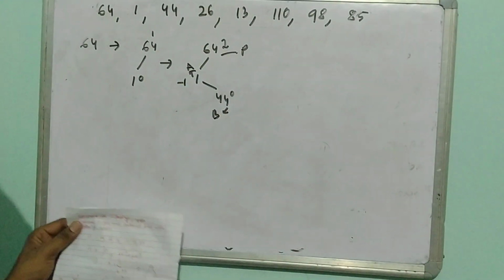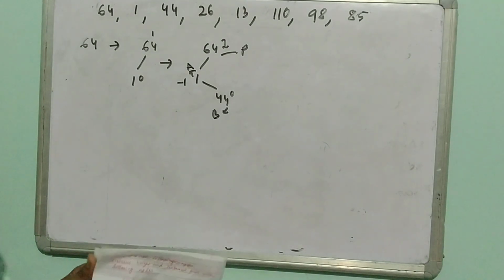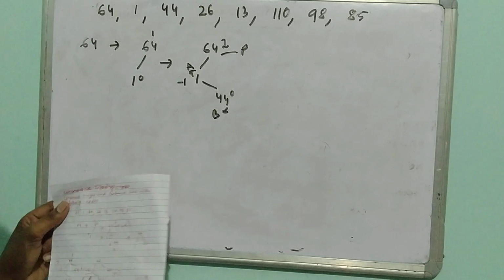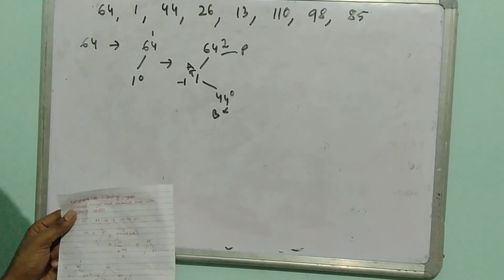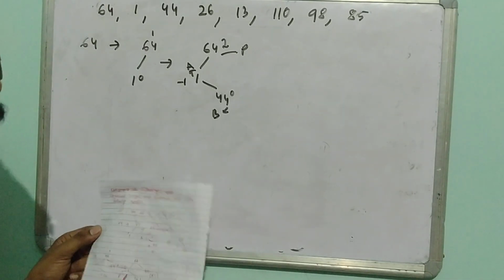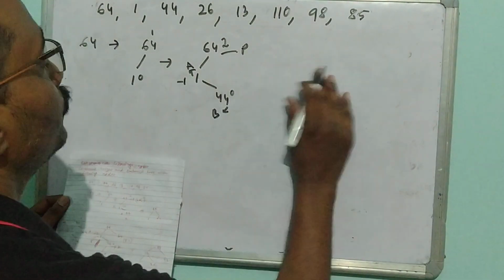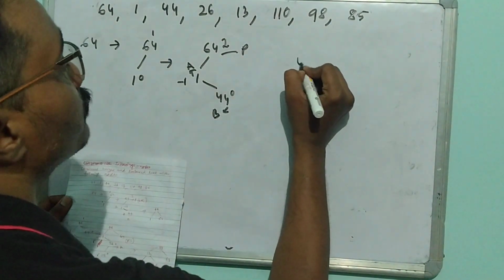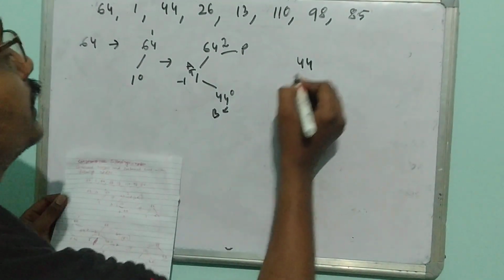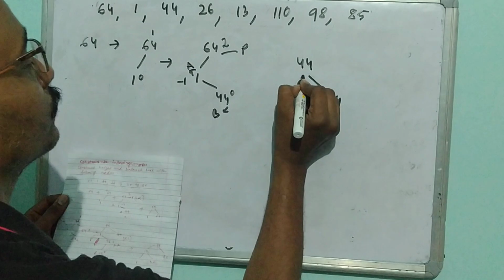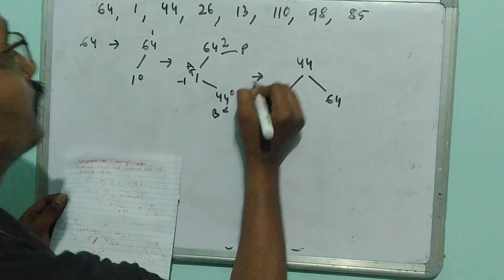Now we have to make a certain rotation. We know this is a left to right rotation. So B RC is equal to P, the first equation we get. So what is my B? My B is 44. The right child of 44 is nothing but P, 64, and this becomes 1.